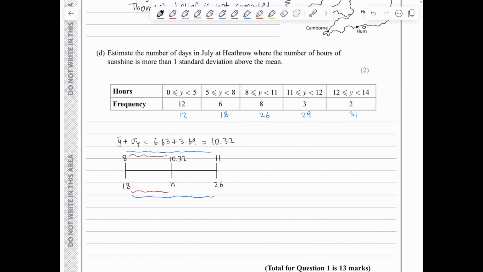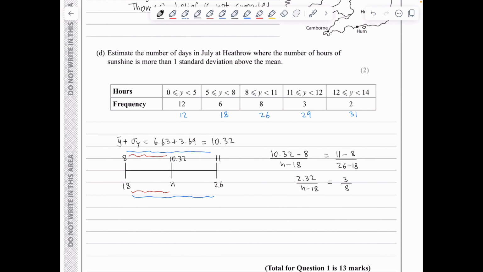So I'm going to say that 10.32 minus 8 over n minus 18 is equal to 11 minus 8 over 26 minus 18. So we've got 2.32 over n minus 18 is equal to 3 over 8.